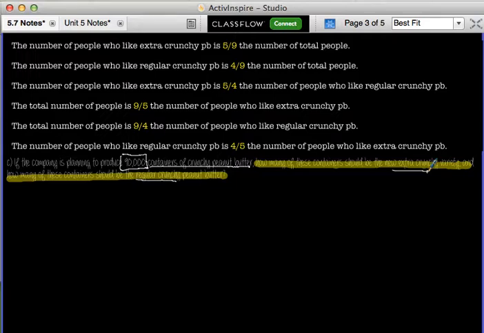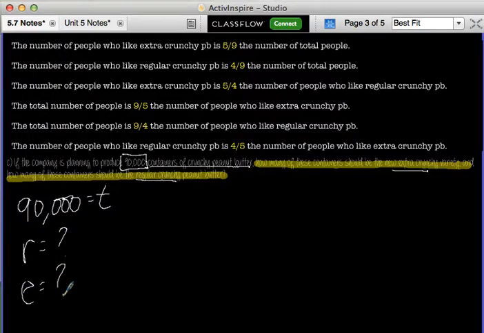Now in this case, because it says containers of crunchy peanut butter, it doesn't say extra or regular. It's just saying crunchy peanut butter. That's all crunchy peanut butter. So in this case, 90,000 is actually our total. And when I have the total, I want to know how many regular crunchy and how many extra crunchy I should make. All right, so let's look at our values.